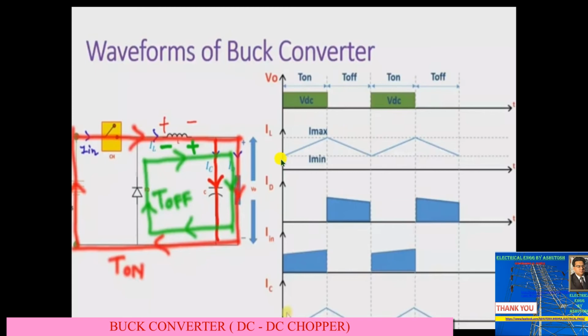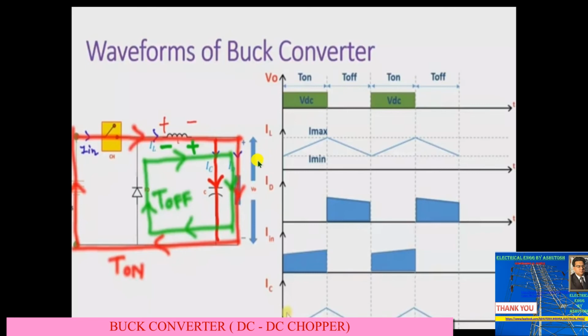The inductor current increases during T on time, then during T off time it drops from maximum to minimum. Again in T on it rises, and again in T off it drops.